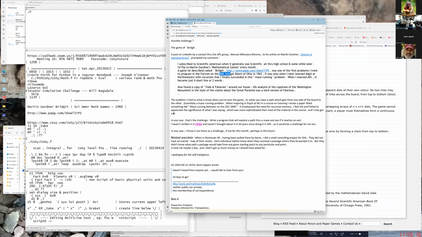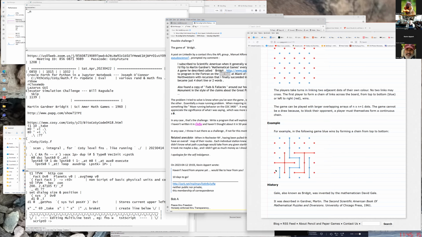But one of the first things that I tried to do was to solve this Bridgit game, and I'm putting this out for future challenge, because actually at this point I can't remember even how I represented the board.